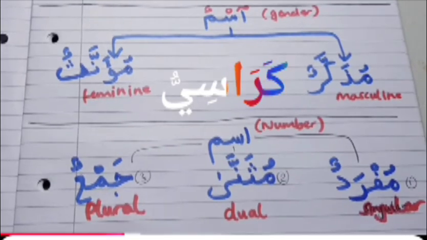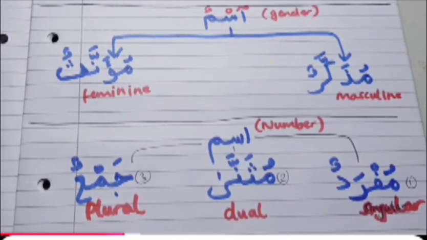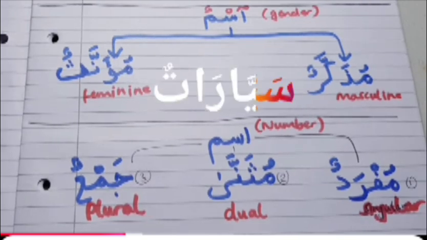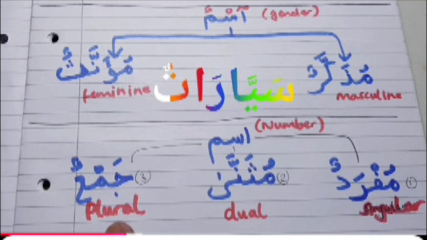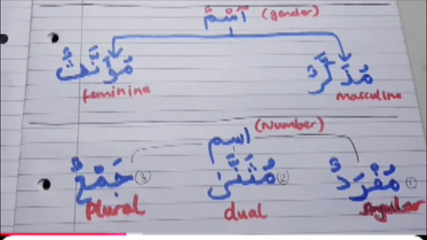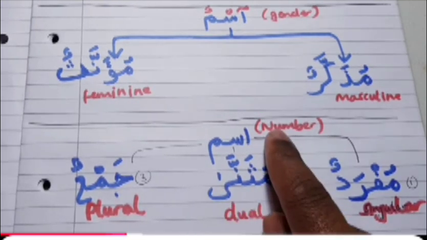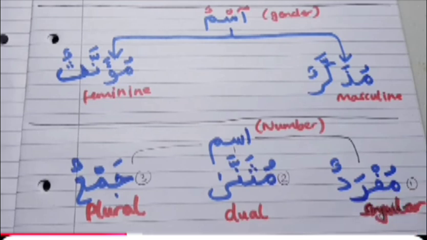Karasiyu is the plural of kursiyun, meaning more than two chairs. And sayyarat, cars, is plural. So every noun has a number, and this number is either going to be mufrad, singular, dual, or plural.